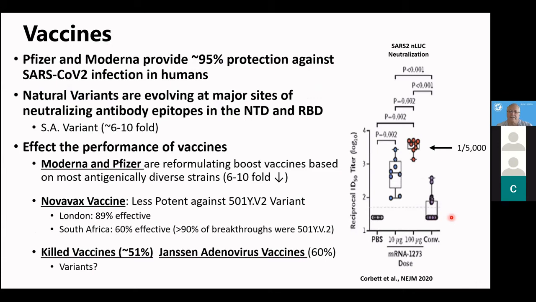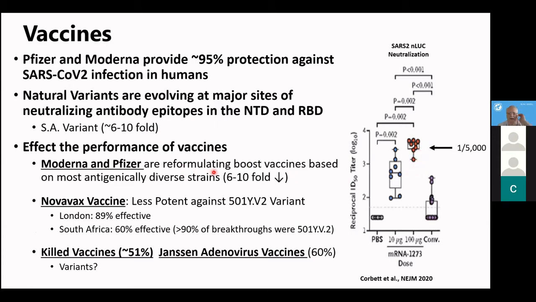In terms of the vaccine performance against the variants, I just wanted to show this data here that in the Moderna-based vaccines in our hands, we get titers of around 1 to 5,000. The South African variant, which causes a 6 to 10-fold reduction, would reduce that to maybe 1 to 500, which would still be fully protective.